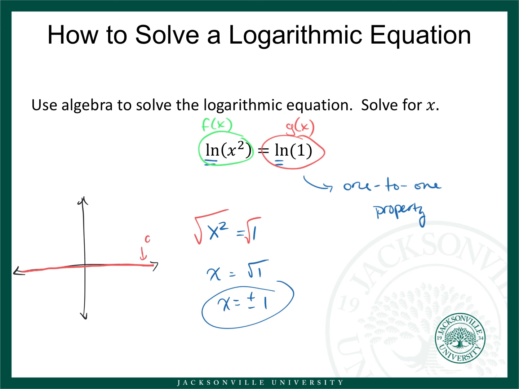That's g of x. And then when we graph the natural log of x squared, it looks like this. Let me put 1, 2 here, negative 1, negative 2 here. That's 0. And that graph looks something like this. Here you can see that our points of intersection occur at x equals negative 1 and x equals positive 1.